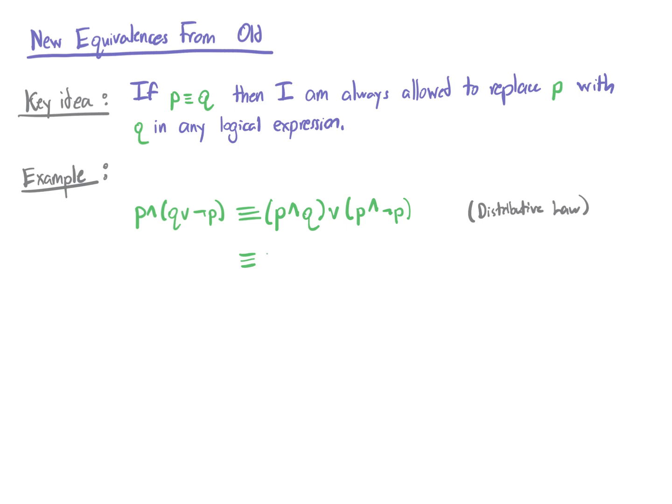My P and Q I'm going to carry down, but I'm going to notice that this P and not P is a logical contradiction according to the law of the excluded middle. So I can actually just replace that with F, a contradiction. Here I'm going to justify this with the law of the excluded middle.